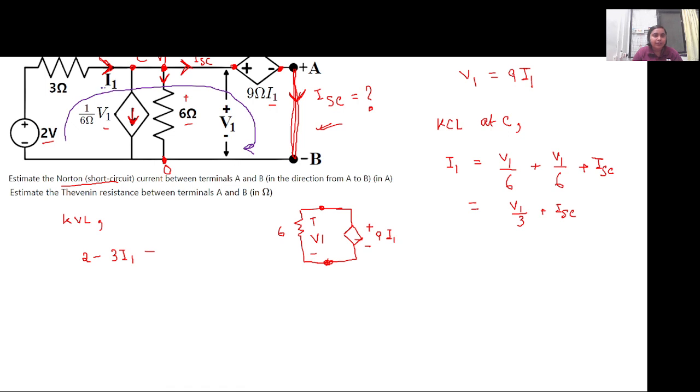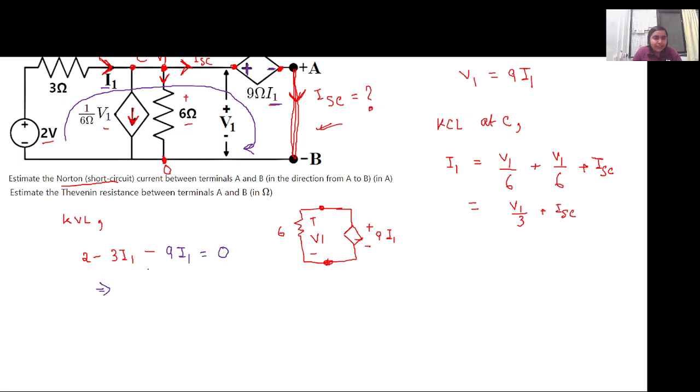See, I1 current is flowing here and there is a relation with I1 here. So it will be 2 volt, the voltage drop across this resistor, the current dependent voltage source that we have, which is, since we are entering from the positive terminal, minus 9 I1, and there are no other circuit elements present, so this will be equal to 0.